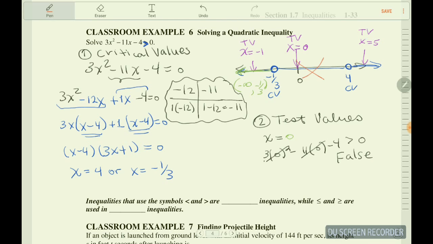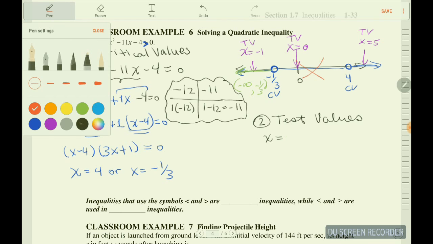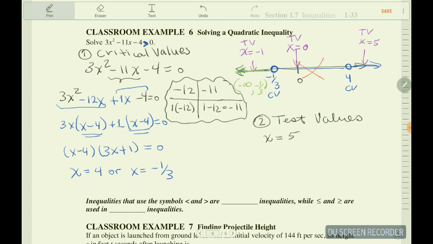Finally, I will test x equals 5. So I'll have 3 times 5 squared minus 11 times 5 minus 4, and see if that is strictly greater than 0.